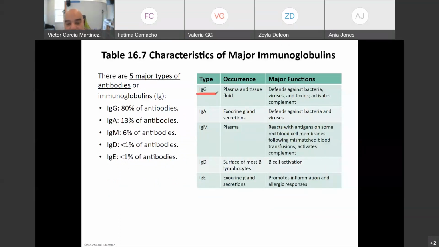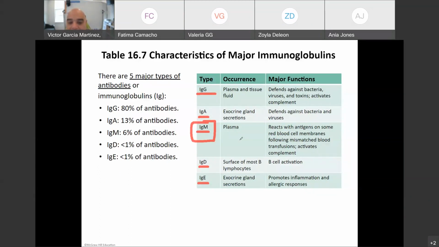Guys, IgM, they're going to be the first responder for your infections. They're going to be the fastest response that we have. They're going to last for weeks. This is the first responder.